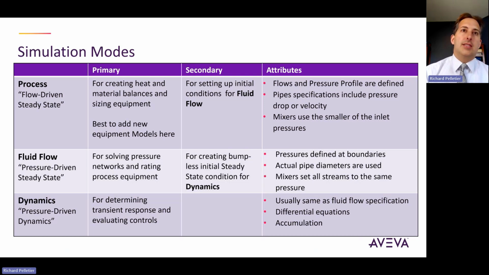All right, and so this type of approach to solving, flow-driven steady state mode, is what we do in our process mode of operation. All right, so the very first mode that you start in. And we use this mode a lot of times to serve as the basis of how we build out our simulation.